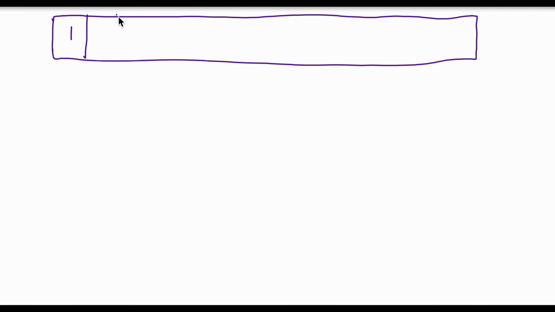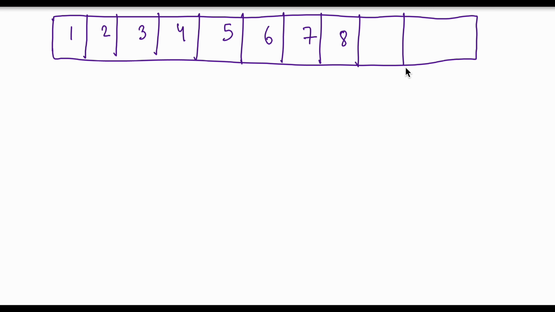So 1, 2, 3, 4, 5, 6, 7, 8, 9 and 10. So what is our plan of action? First of all, we will split it into two parts. So the first split we will do here. This is my left part, and let's say I'm searching for element number 4.